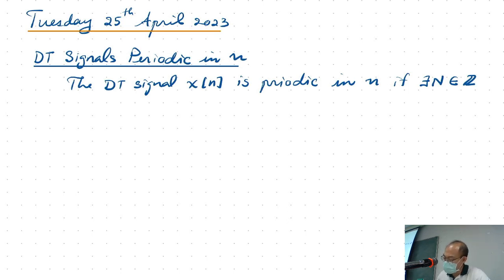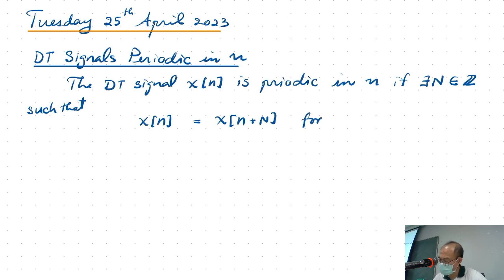If there exists an integer N such that x[n] is equal to x[n plus N] for all n.